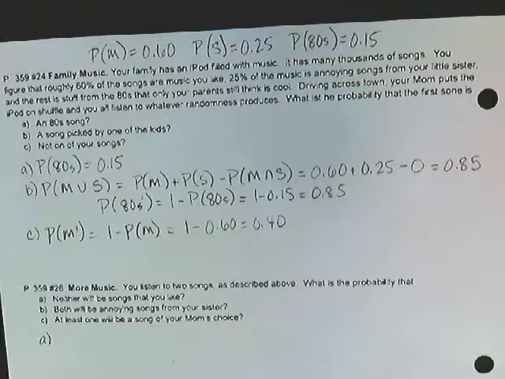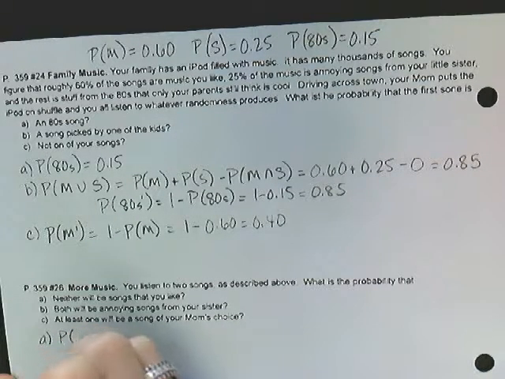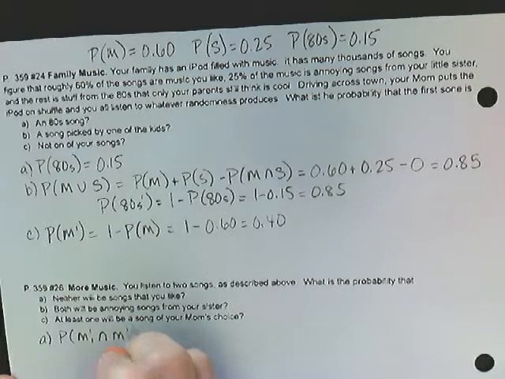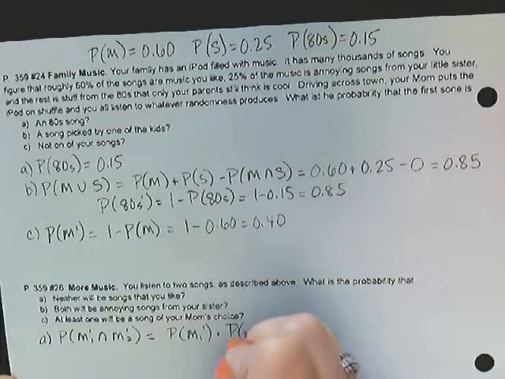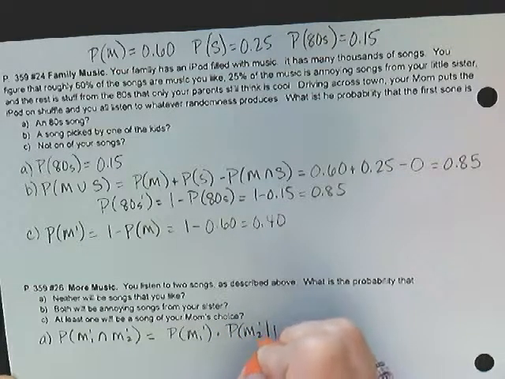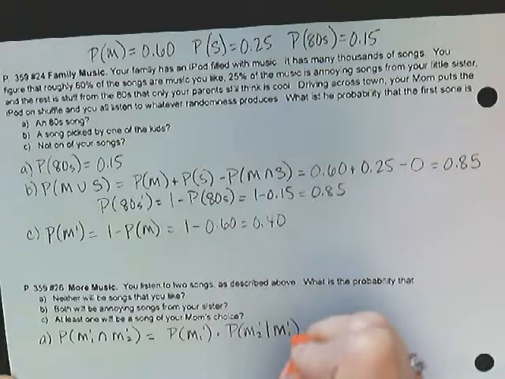Does that make sense? Okay. So it's the probability of not mine 1 and not mine 2, which is equal to the probability of not mine 1 times the probability of not mine 2 given that not mine 1 just happened.